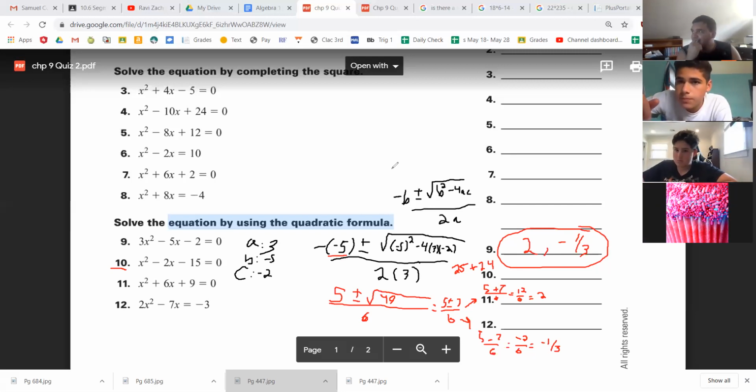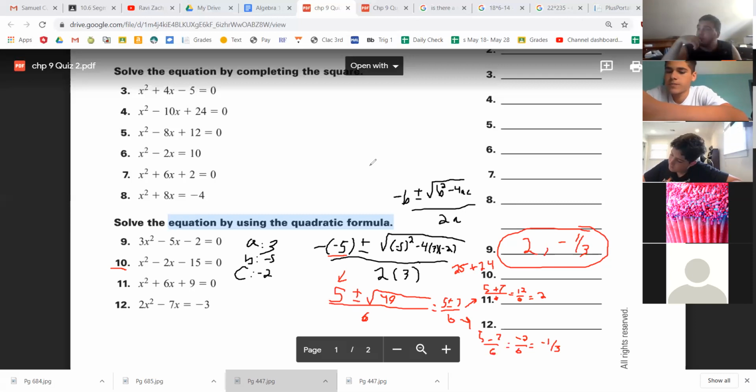Good job then. Because you're doing it like 10 times faster than I even start writing the problem. What if in the beginning when it's -b in the formula, what if it's already negative? What do we do? Well, what does a double negative become? Positive. So just like in number 9, this 5 became positive.